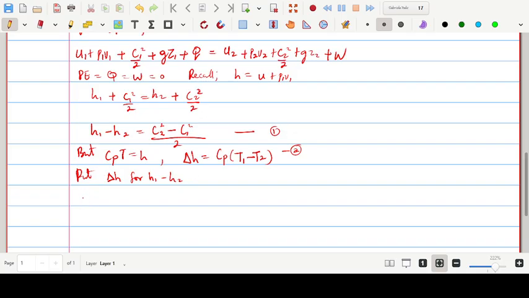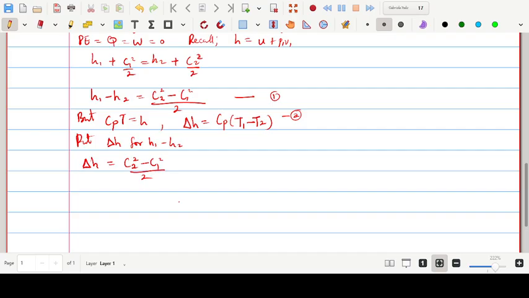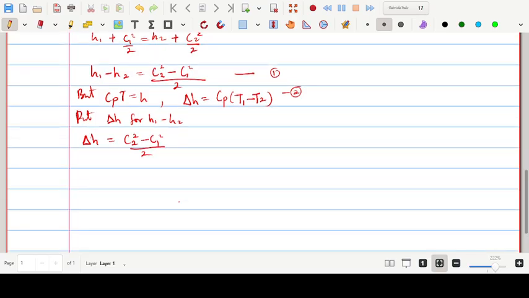So as we now have it, we can have the change in enthalpy, this minus C1 squared over 2. So in this case, we can simply have Cp times bracket T1 minus T2, which is the temperature difference, equal to C2 squared minus C1 squared over 2.